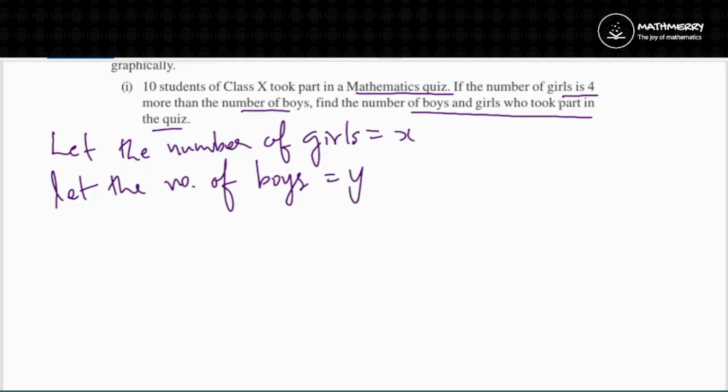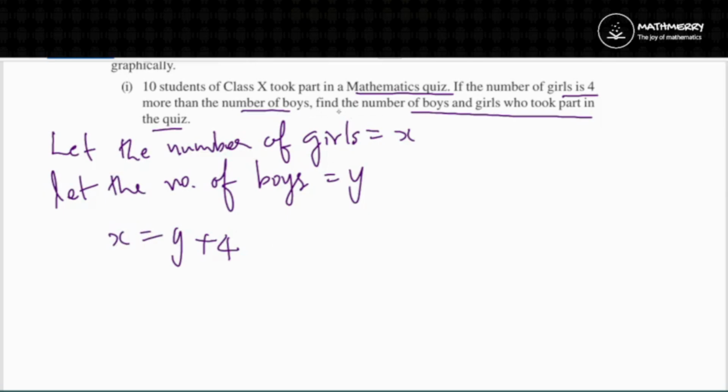The number of girls is 4 more than the number of boys. Here the number of boys is y, so that means x is equal to y plus 4.